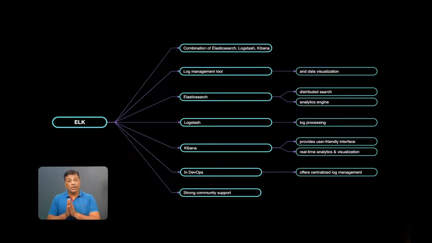Logstash facilitates log processing, and Kibana provides a user-friendly interface for real-time analytics and visualization. Used extensively in DevOps, the ELK Stack offers centralized log management with strong community support.